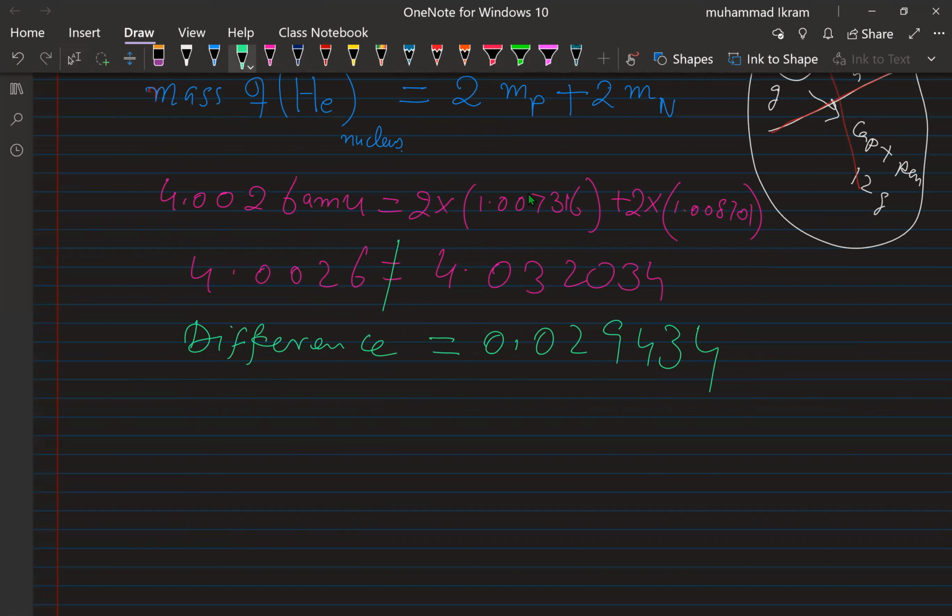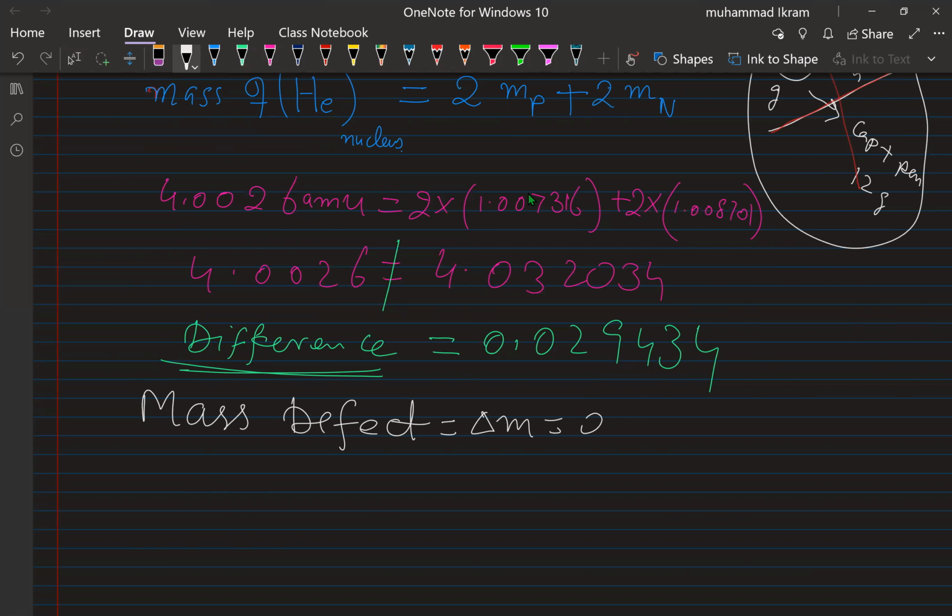This difference we call the mass defect. And this mass defect we denote by delta M, and for the helium nucleus I would write 0.029434. As I told, a clear violation of the law of conservation of mass.